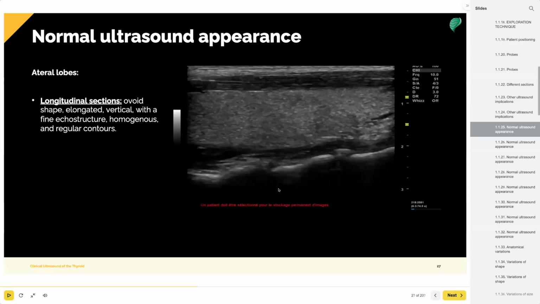We can see that there's no areas that are more hyperechoic or hypoechoic than another area of the thyroid. It's nice and even, and you can see that the muscle layer is more hypoechoic. So we're looking at an ovoid shape, elongated, vertical with fine echo structure, homogeneous, and beautiful regular contours.